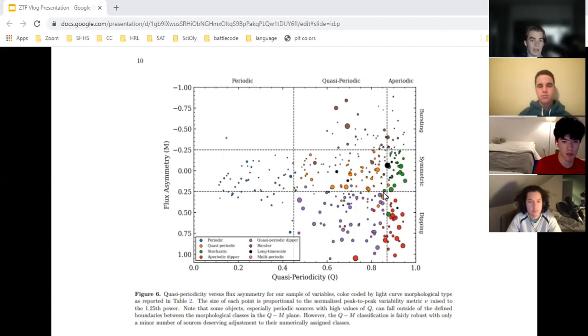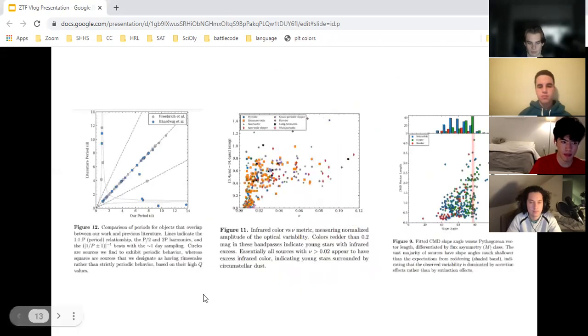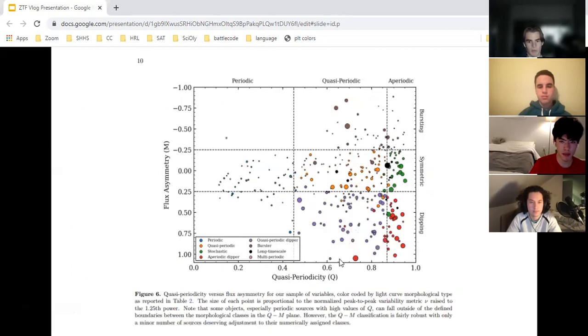So for example, if you go back a bit, in the Cody and Hillenbrand 2018 paper, you see that the cutoffs for Q are 1.15 and 0.8, but in ours you see we chose the cutoffs of approximately 0.45 and 0.87, because we believe that by using these cutoffs, as we experimented and demonstrated in the paper, we create classes of objects that are more representative of multi-periodic objects and more representative of stochastic objects as they are in Cody 2018, because our data is different, so therefore our numbers are going to be a little different as we scaled our errors and stuff like that.